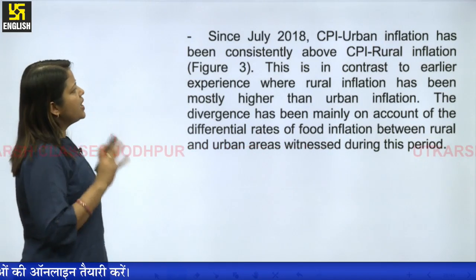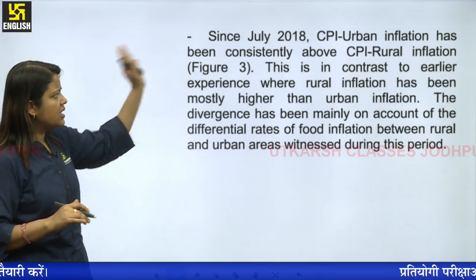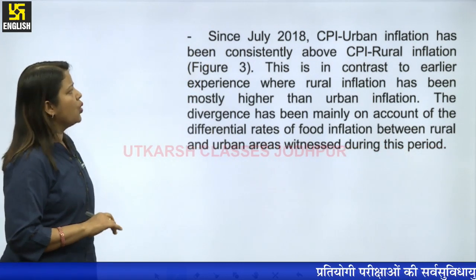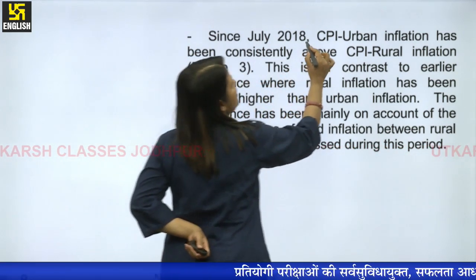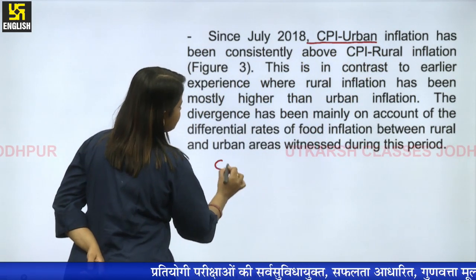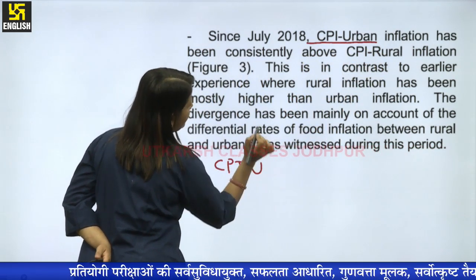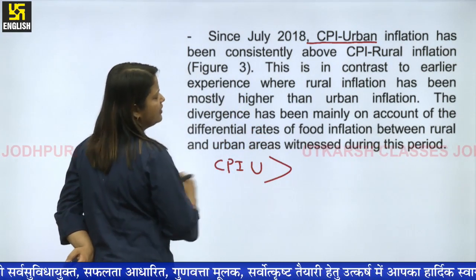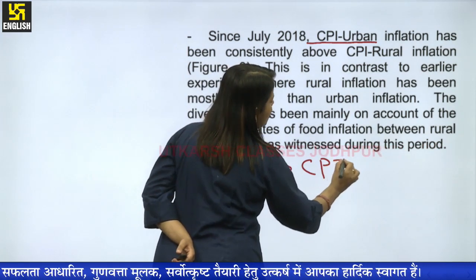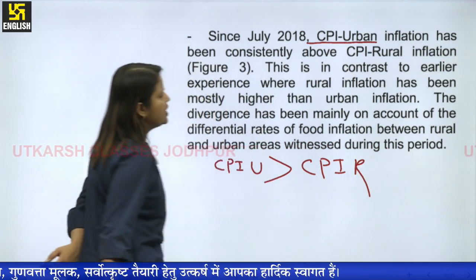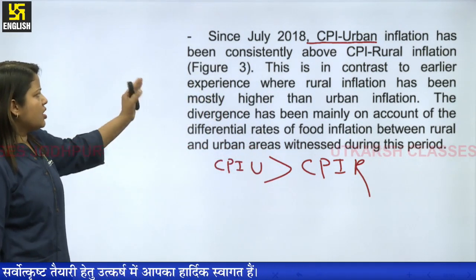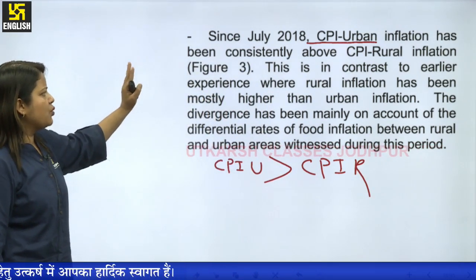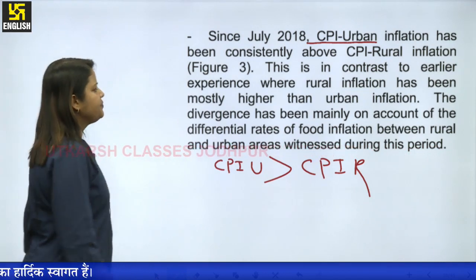Since July, CPI urban inflation has been consistently above CPI rural. The consumer price index of the urban area has always been greater than the CPI of the rural area. This is in contrast with the earlier experience where rural inflation had mostly been higher.